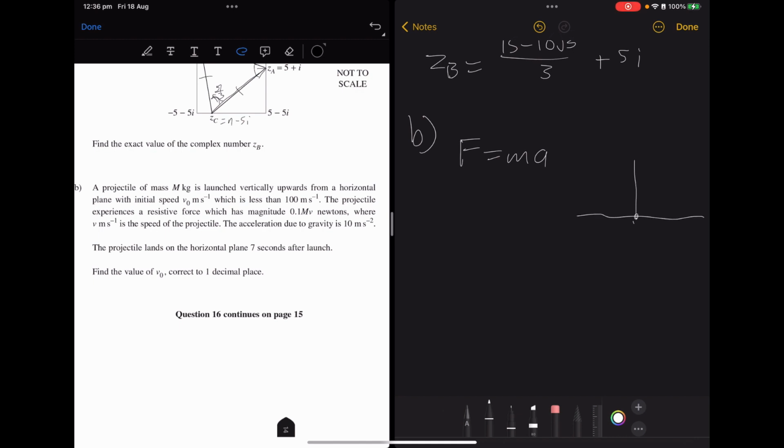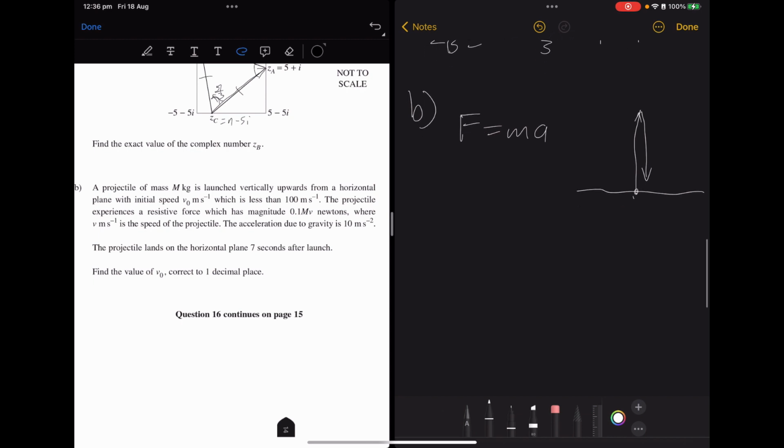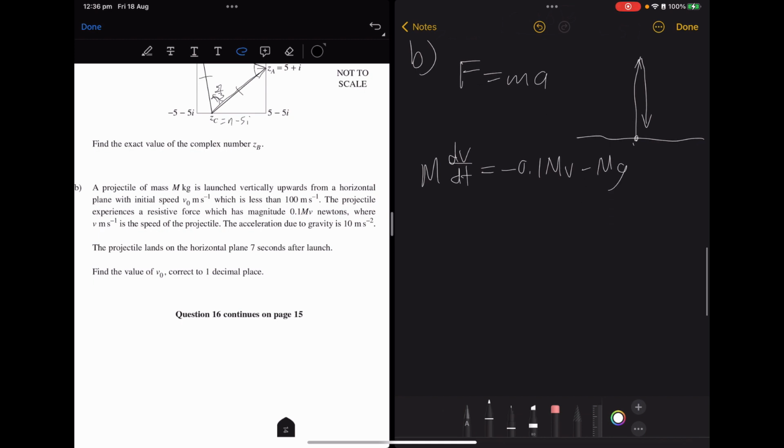So we initially launch it up here, and then it comes back down 7 seconds later. So let's write it down. Mass times our acceleration, which is dv over dt, is equal to negative 0.1 m times v minus m times g. In other words, dv over dt equals negative 0.1 v minus g.